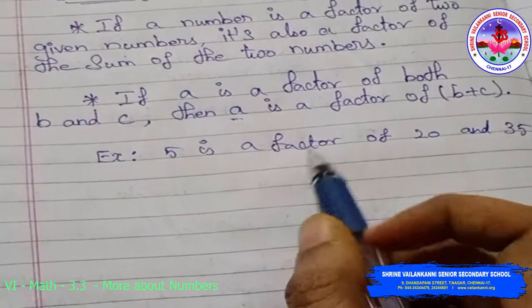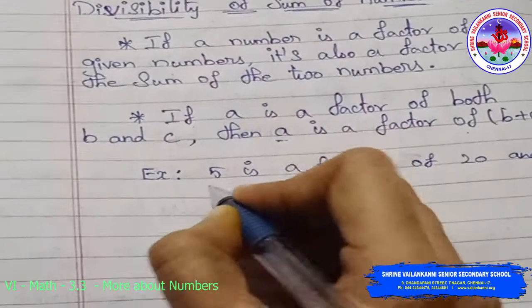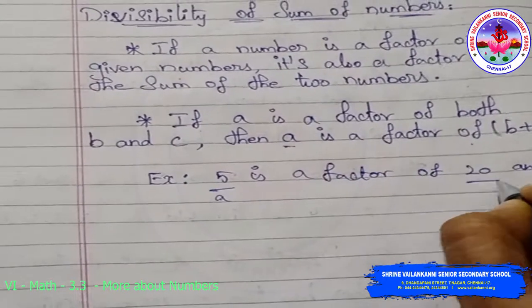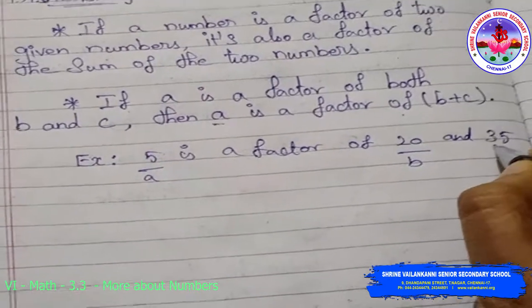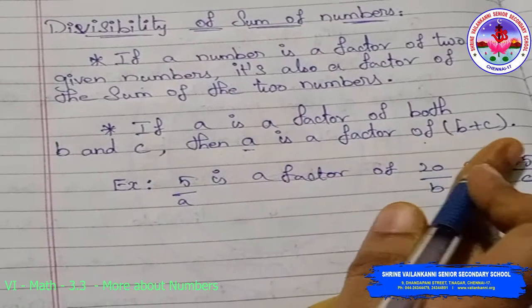Here A is 5, B is 20, C is 35. Then A is a factor of B plus C.